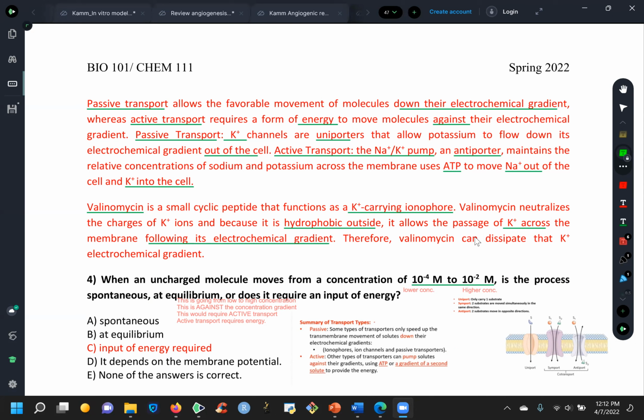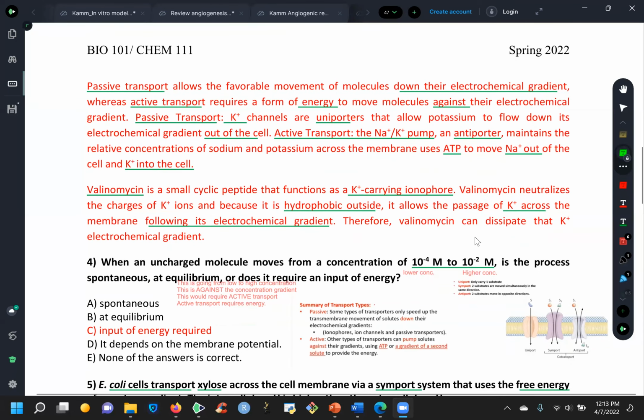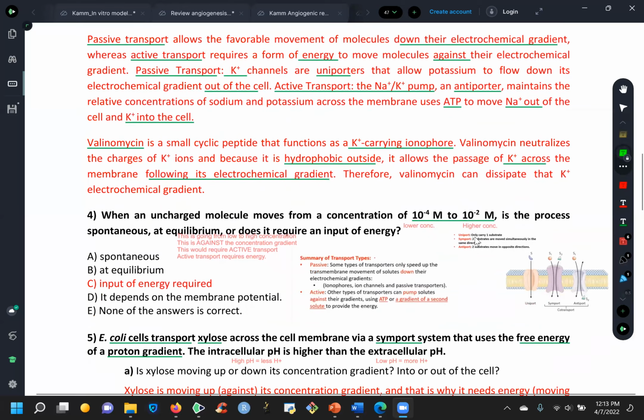There's only one gate. It goes down their electrochemical gradient, and you can't saturate. So there are channels for potassium, and that's passive transport. Those are uniporters. Uniport just goes in one direction, one item, and it goes out of the cell.